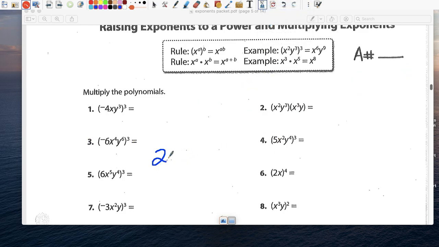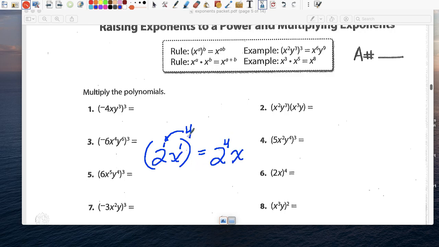Next one: again, remember this is in parentheses, and the 4 is telling everyone in the parentheses to multiply by itself four times. There's an exponent of 1 on each. If you do the rule that we're talking about here, power to a power, all you've got to do is multiply the exponents. So we get 2 to the 4 times 1, which is 4, 2 to the fourth power.